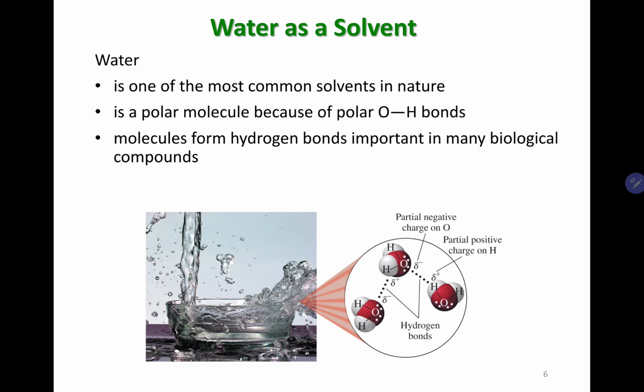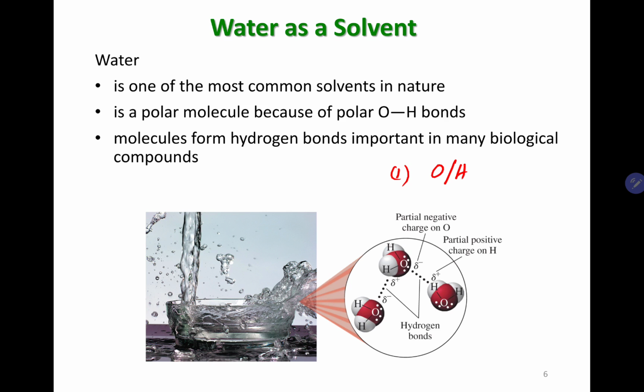There are two reasons why water is polar. The first reason is that water has oxygen and hydrogen atoms, one oxygen atom and two hydrogen atoms. Oxygen is the second best electron thief in the periodic table, or in other words, oxygen has the second highest electronegativity.